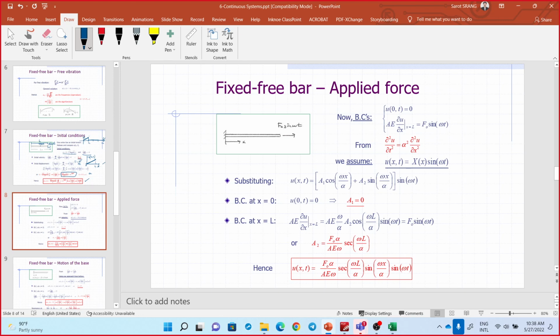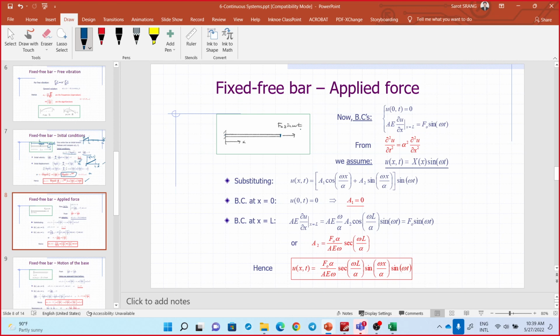And the next part is the axial bar again, but the bar is fixed and free, with applied force at the end. So here there's no applied force, but here has applied force governed by F0 sine omega t.